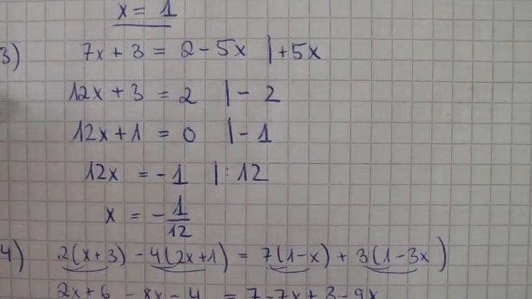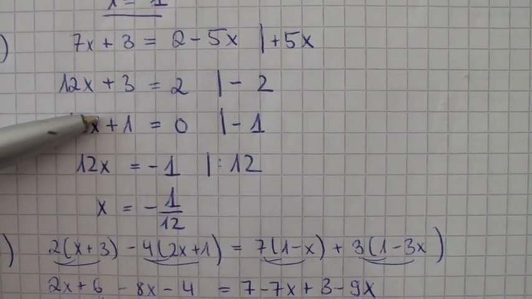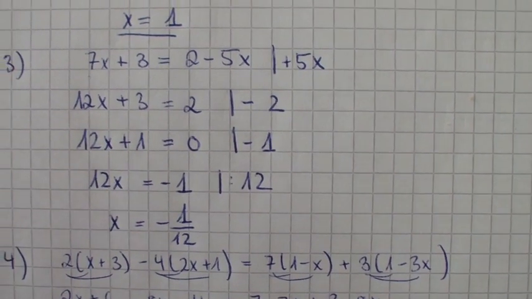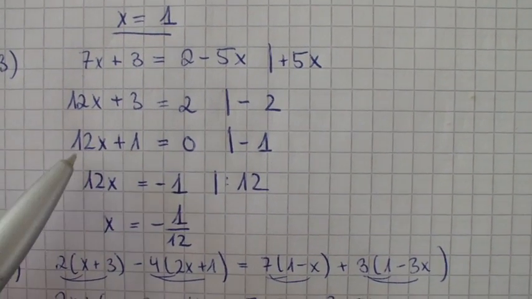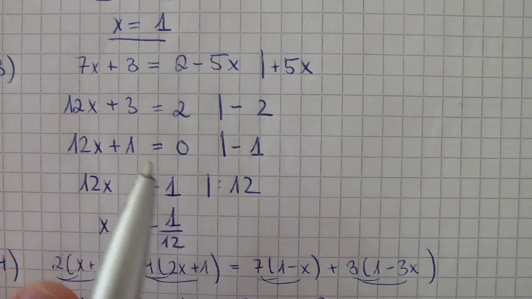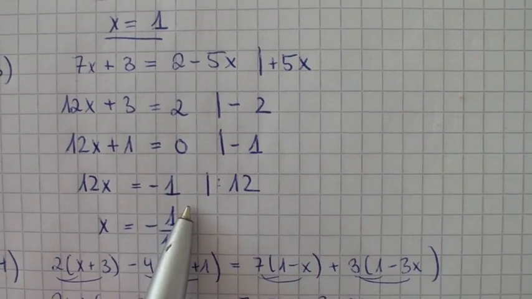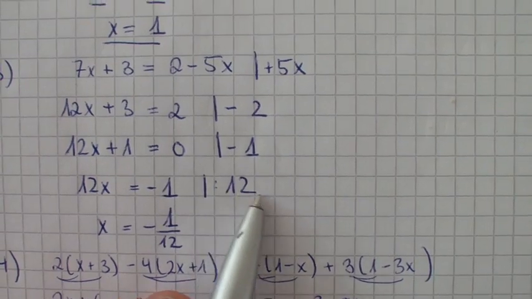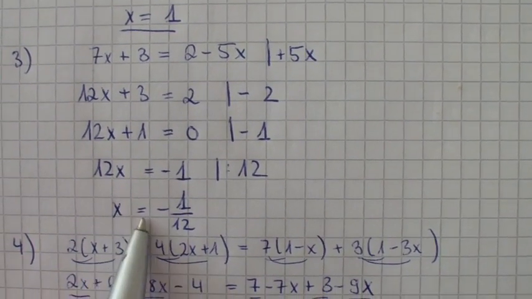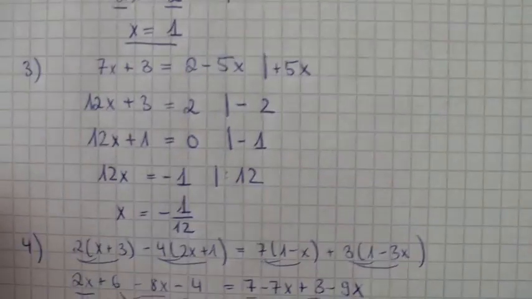It's looking like a linear equation because x is only to the power of 1. So we can just bring this to the right-hand side with minus 1. We have 12x equals minus 1. We divide both sides by 12. We get x equals minus 1 over 12.